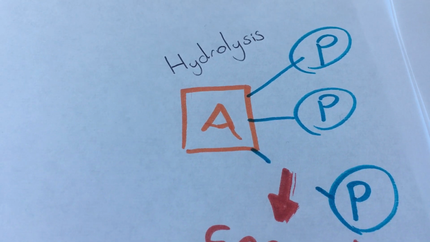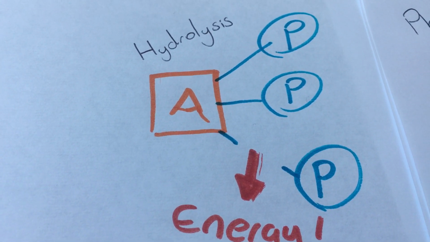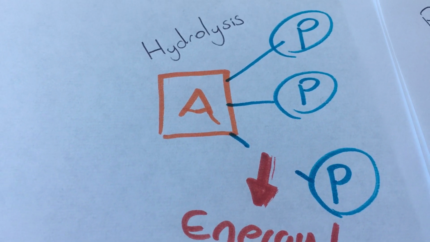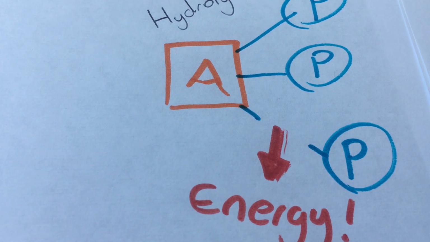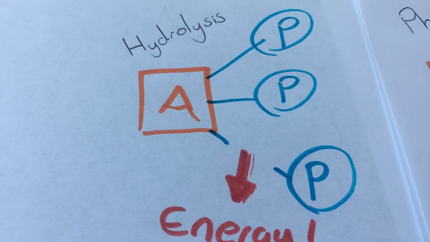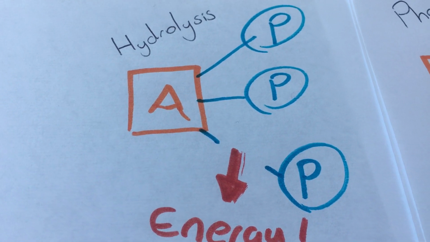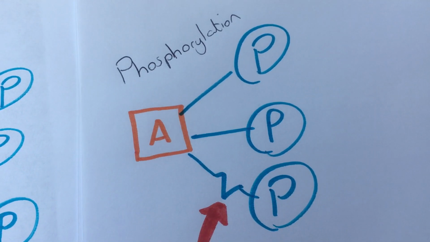So if exercise is to continue, we need more ATP. So we have to reattach a phosphate. We've got to turn an adenosine diphosphate back into a triphosphate. So if breaking a bond releases energy, building a bond means we need to put energy in. So we have this reaction, phosphorylation.